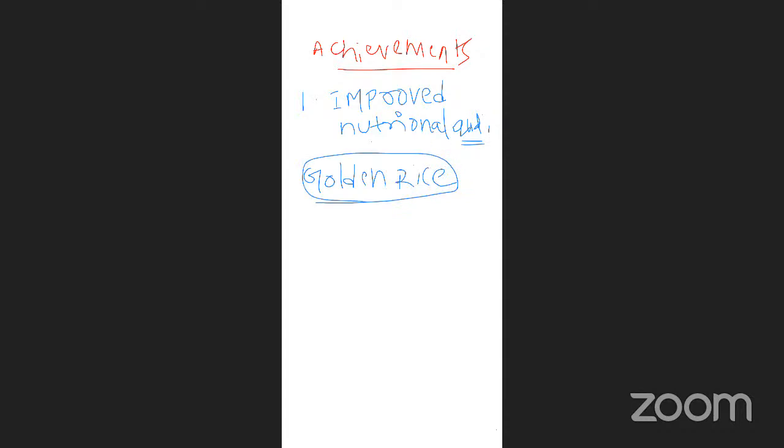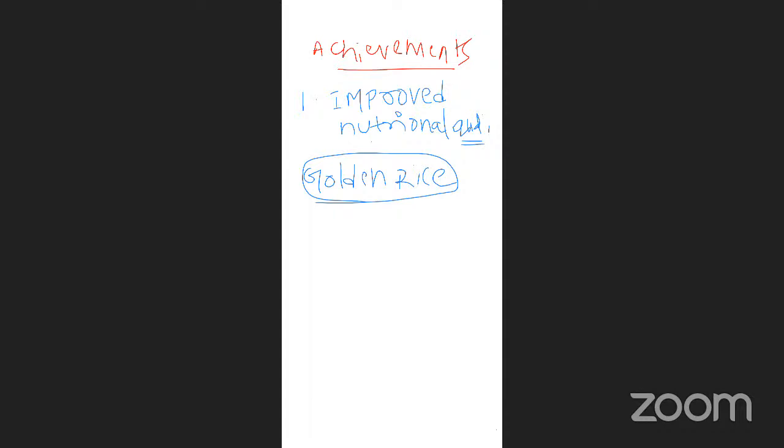In general, in natural rice, what happens? Beta carotene is lost due to the activity of milling. In milled rice, the husk, that is the outer layer, is lost. Beta carotene is present in the outer layer, and B complex is also present.